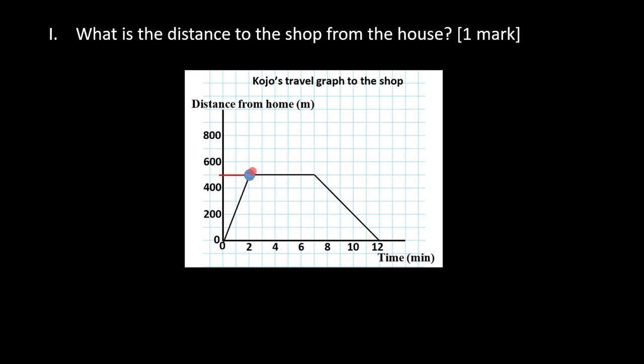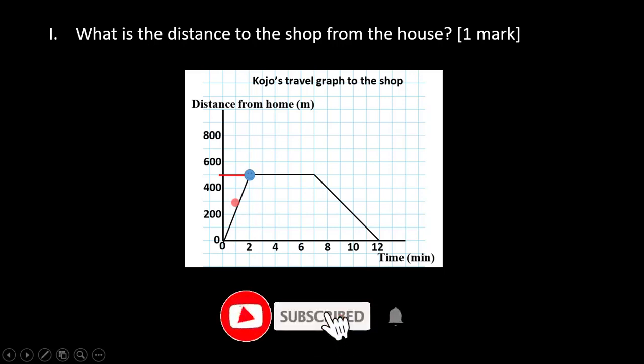Now, if we drop a horizontal line intersecting the vertical axis, we can read from the point 0 to that particular point. I realized that this graph for the vertical axis used a scale of 200 meters to 2 centimeters if it was actually on a real graph sheet.